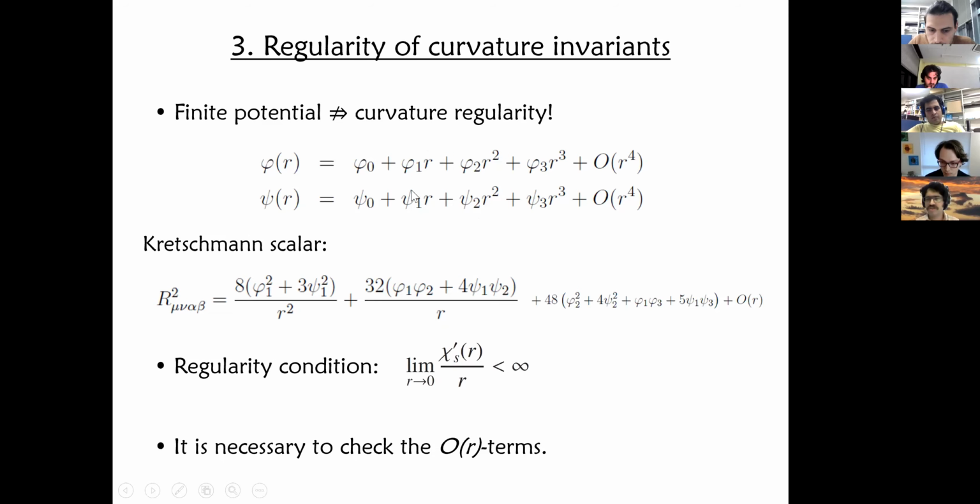And also you can show here, I only wrote the Kretschmann scalar, but you can show that the same condition holds for R squared, Ricci squared, and so on. So we need to check the terms of order R to see if the singularity appears in the curvature or not.